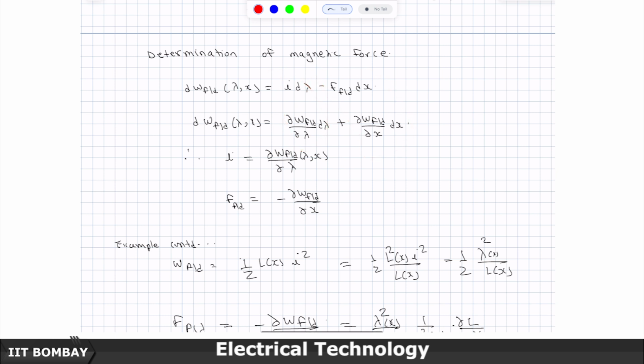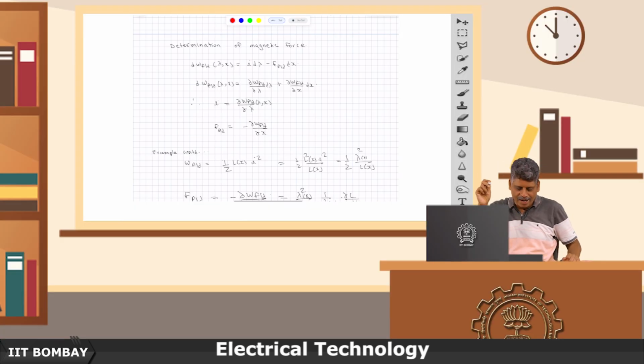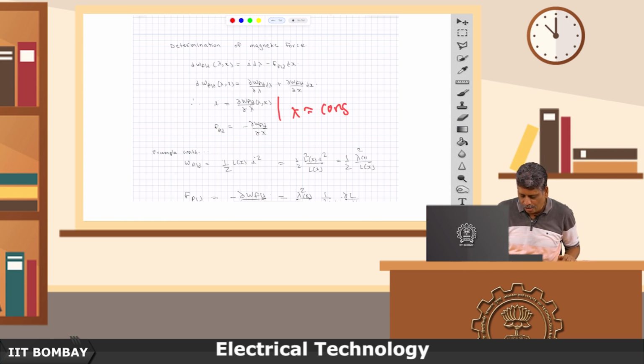Because of this, we get I to be equal to the partial derivative of the magnetic field energy with respect to lambda, which means here when I say partial derivative of magnetic field energy with respect to lambda, by that I mean that here x will be held constant.